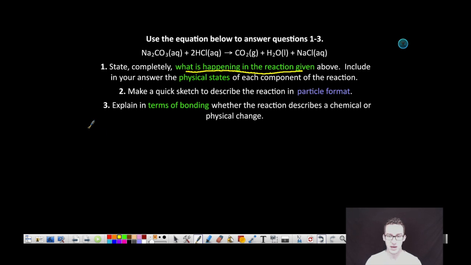Number 1, we're going to simply write in this reaction. Let's take a look at our first reactant.